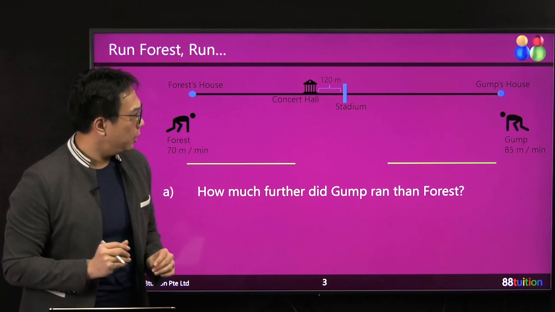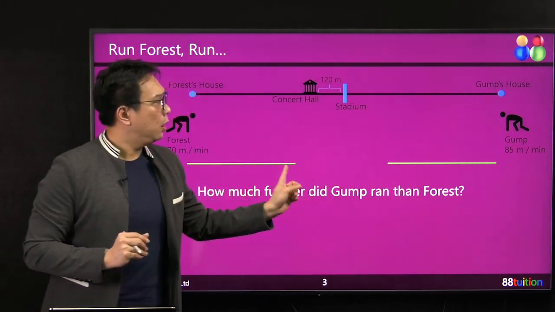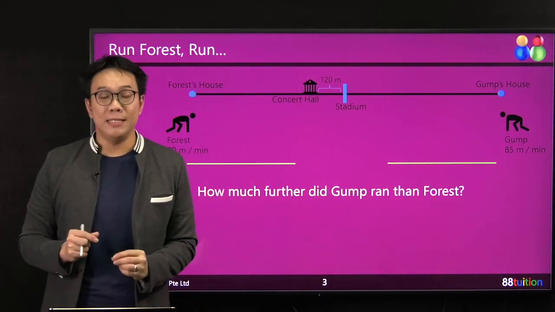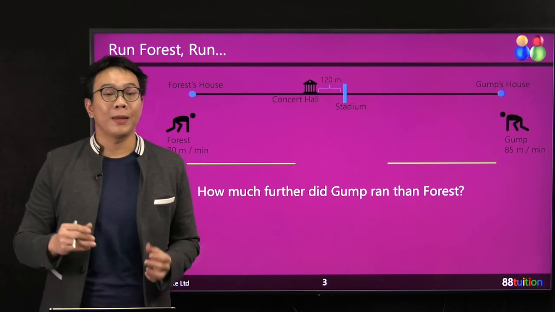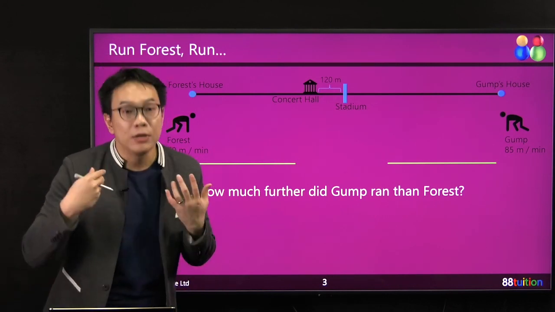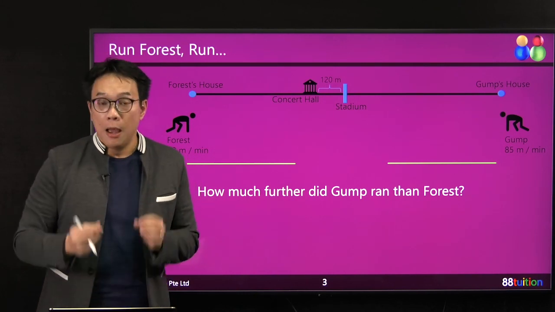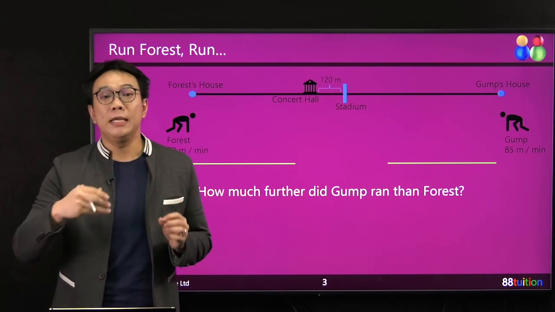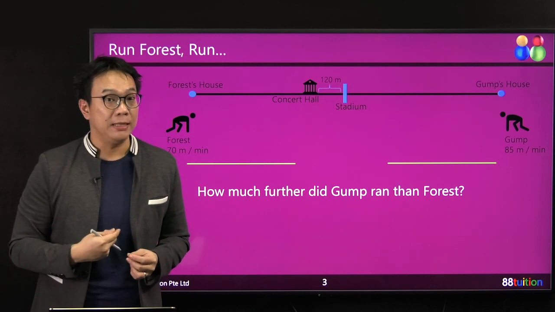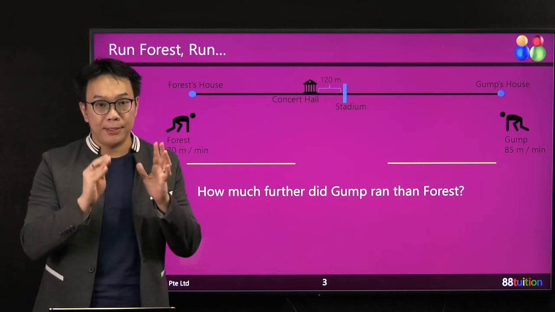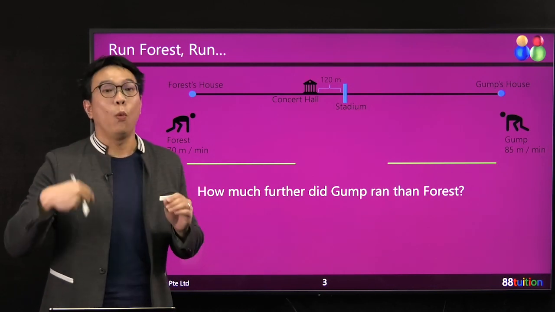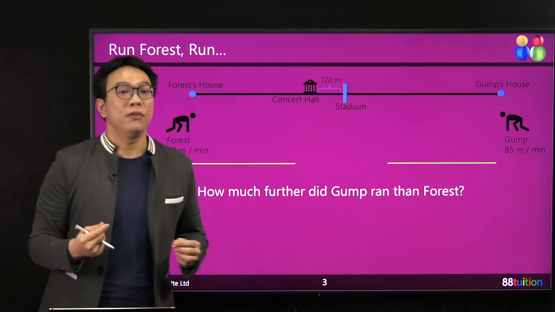So what happens? In this case, why is it not true? It's because Gump is running at a faster speed, 15 meters per minute faster. That means every 1 minute, he covers an additional 15 meters. That's the meaning of 15 meters per minute. In 1 minute, he covers an additional 15 meters.